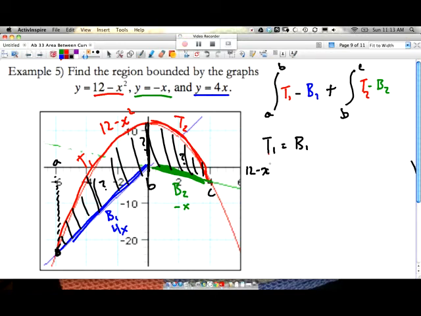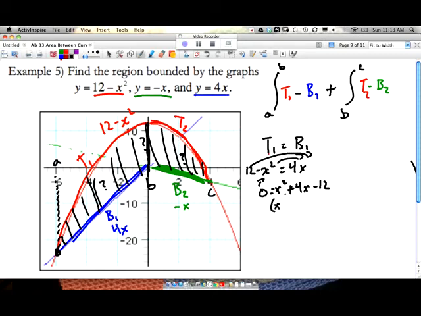Well, that's 12 minus x squared equals 4x. Now again, we got a quadratic. It's easier to factor quadratics if the x squared term is positive, so I'm going to move these two terms over. That would give me x squared plus 4x minus 12 equals 0.